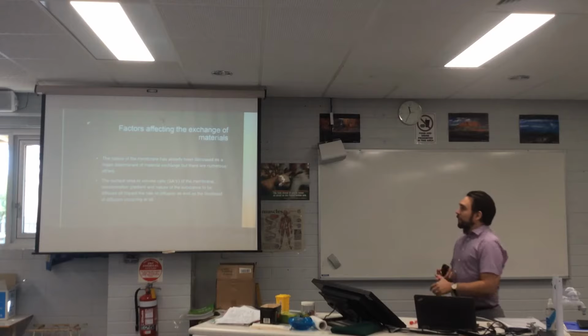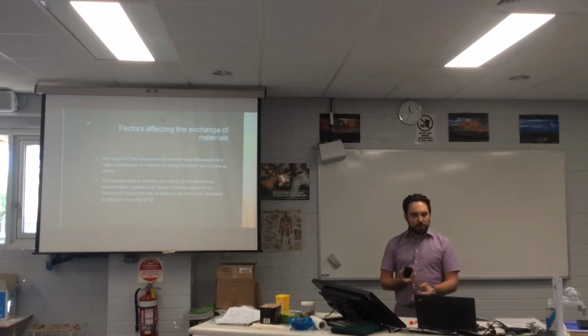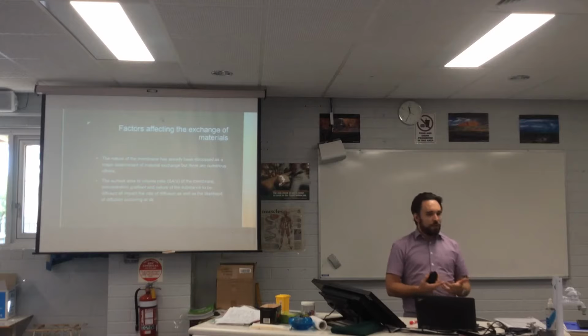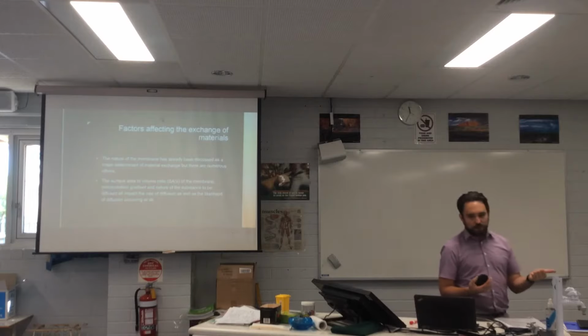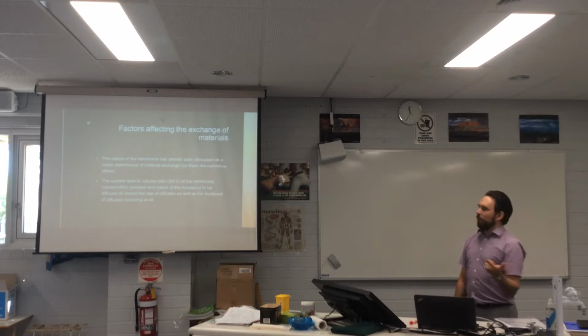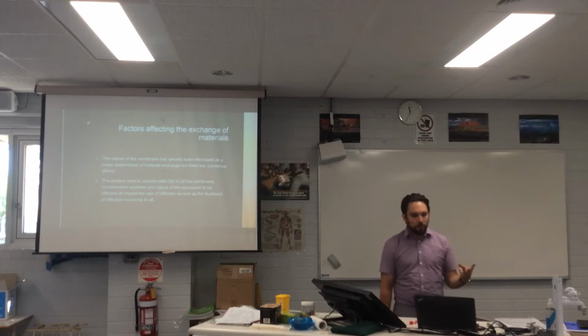All right, so factors affecting the exchange of materials. Obviously the nature of the membrane, this has already been discussed. It's a major determinant of the material exchange, but there are obviously others. So surface area to volume ratio, concentration gradient, nature of the substance to be diffused, all impact the rate of diffusion as well as the likelihood of diffusion occurring at all. So those are three others.